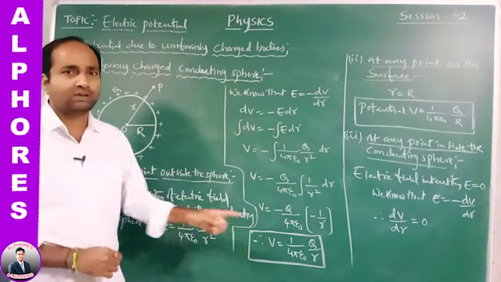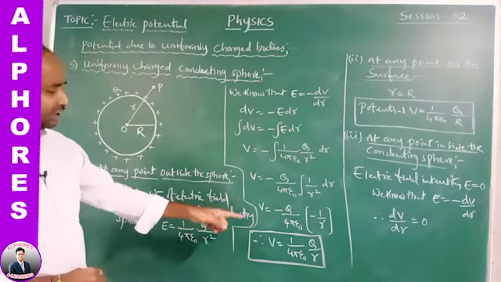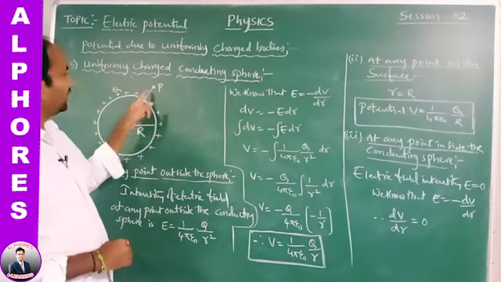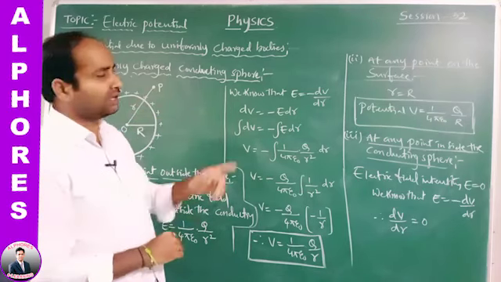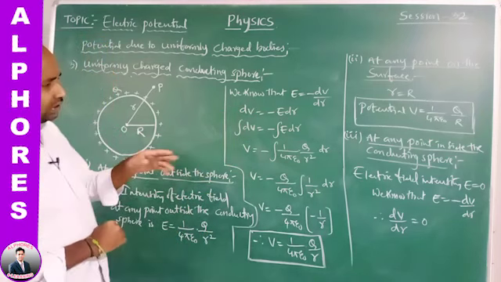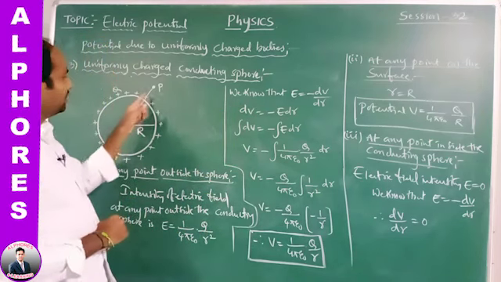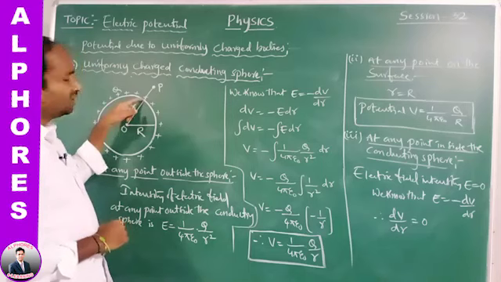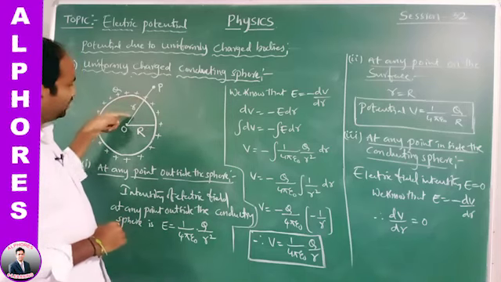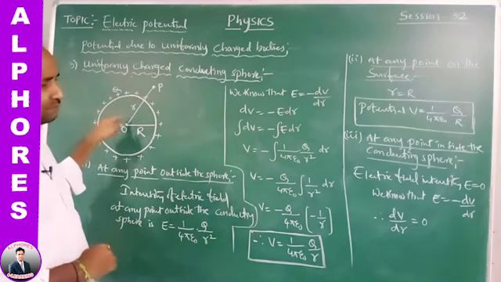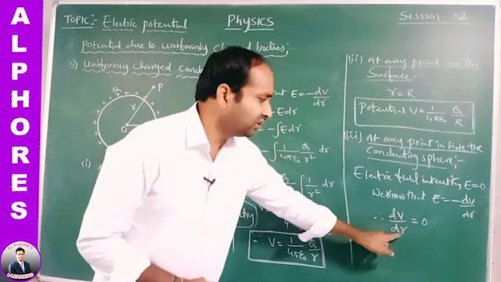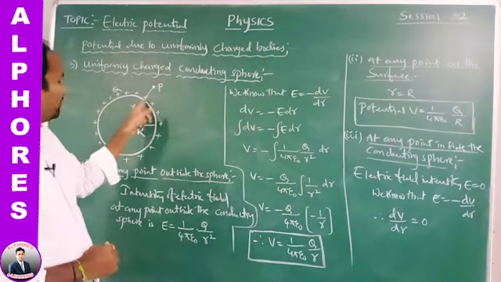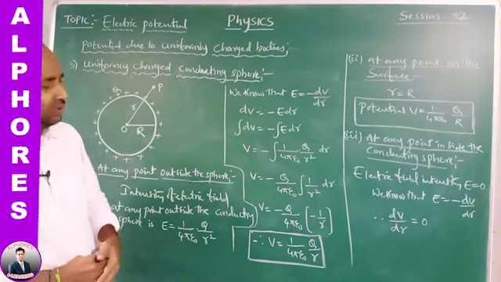V is equal to 1 by 4 pi epsilon naught, capital Q by small r. At any point on the surface, V is equal to 1 by 4 pi epsilon naught, Q by capital R. Now, dV by dr is equal to 0 means from the surface to the center, with respect to the position r, the derivative of potential is 0.